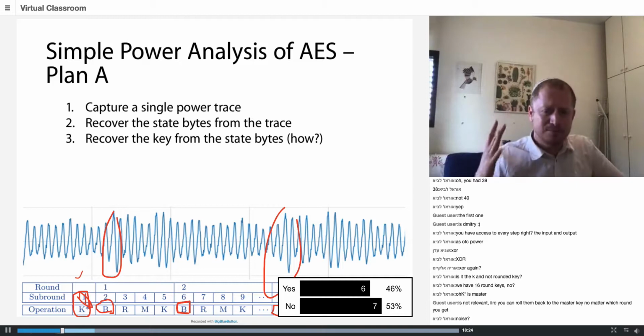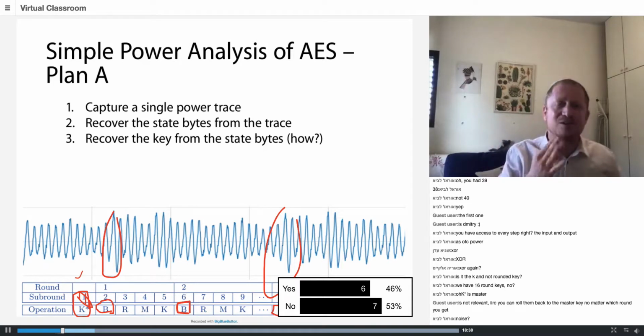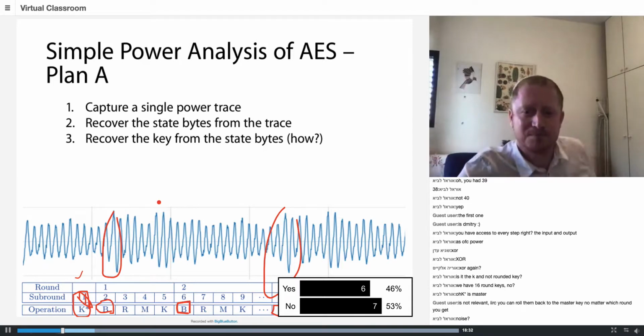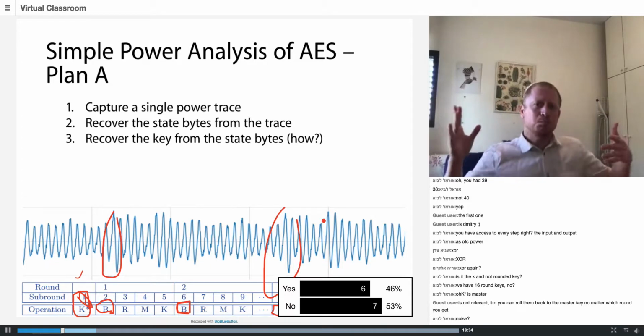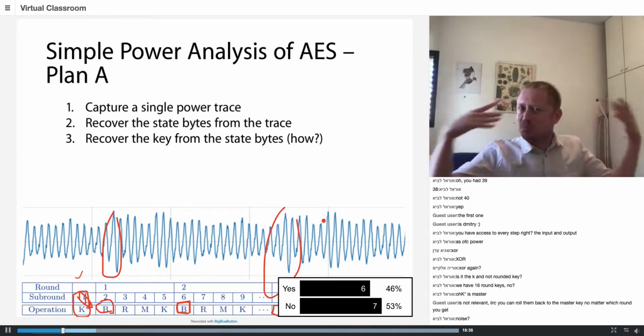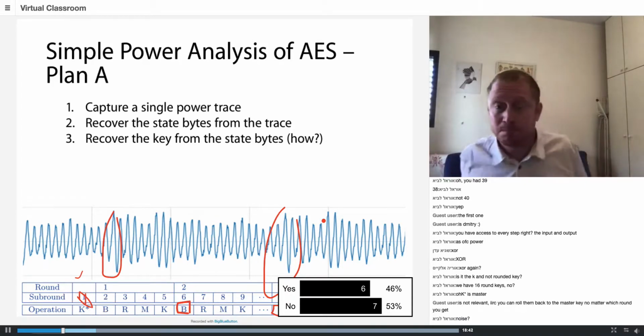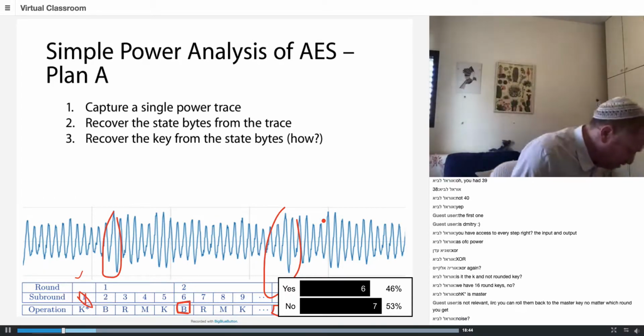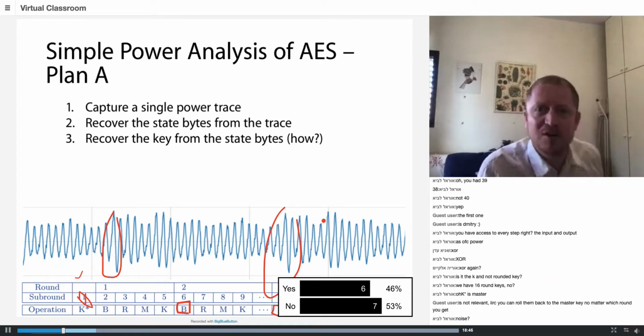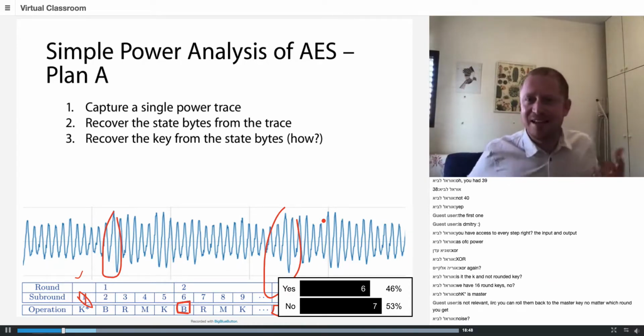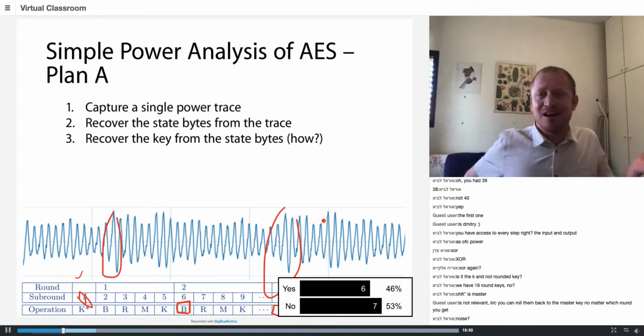Let's look at our assignment, our mission here. We have this trace. This trace is the output of the power consumption of the device under test. It has millions of points, right? Somewhere here is this add round key, right?